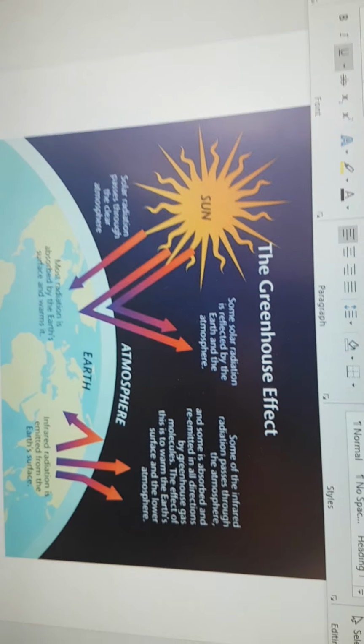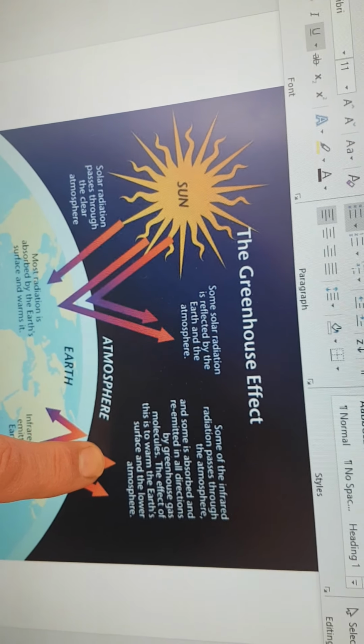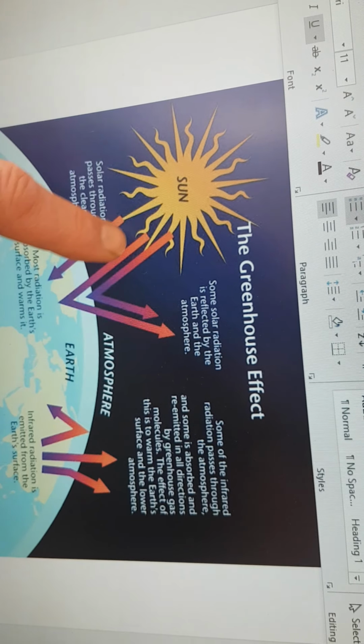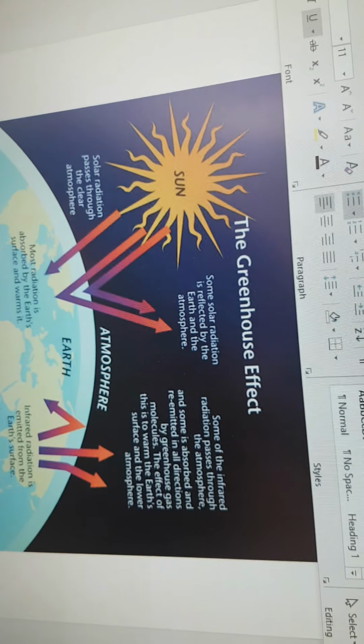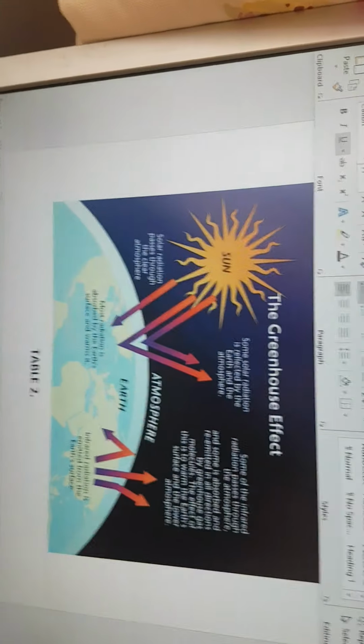All of the outgoing infrared radiation is of the right wavelength to be absorbed by greenhouse gases. Much of the incoming solar radiation is not.